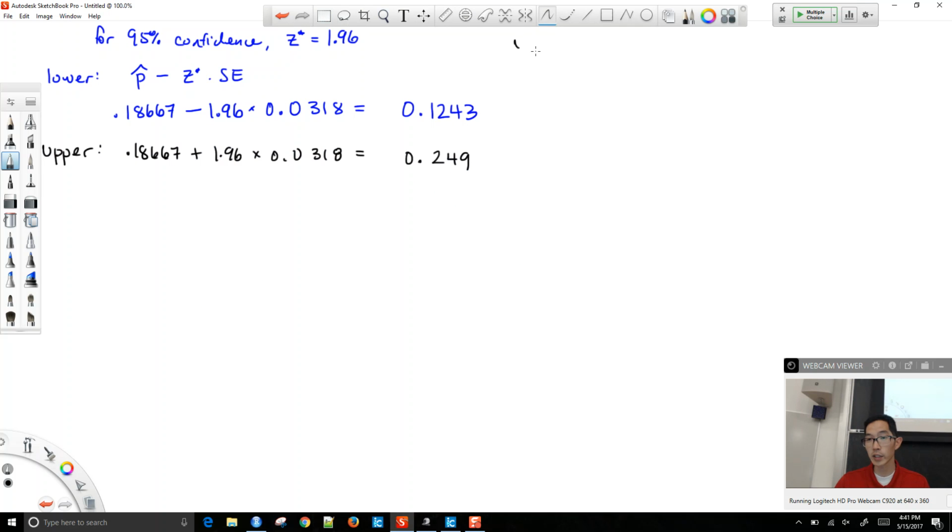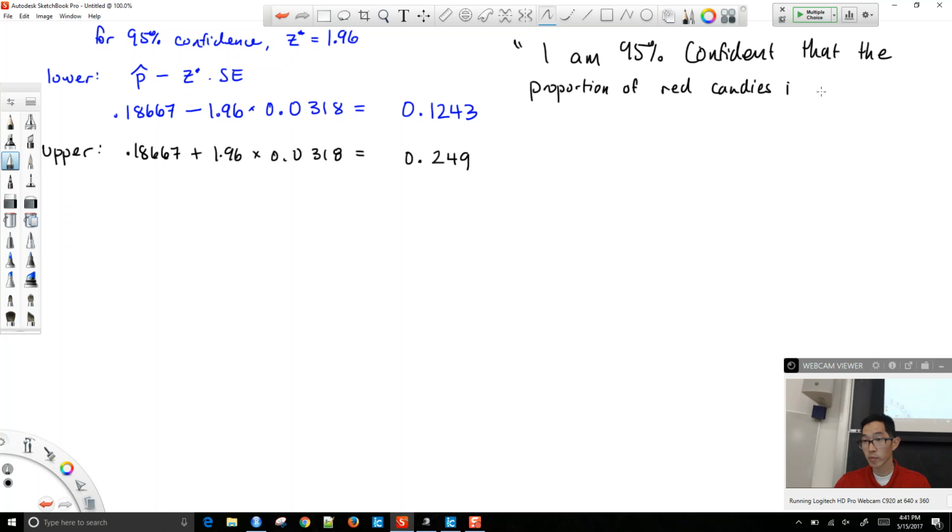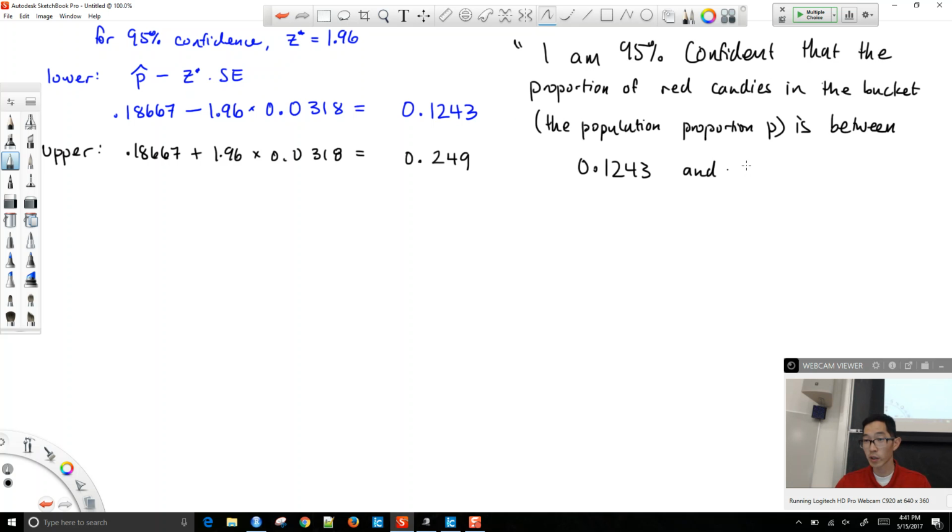I would say something along the lines of, I am 95% confident that the proportion of red candies in the bucket, that is, the population proportion P, is between 0.1243 and 0.249.